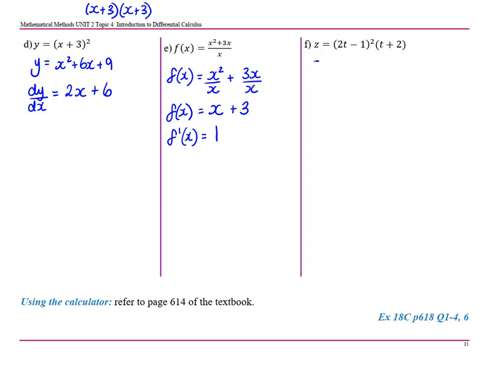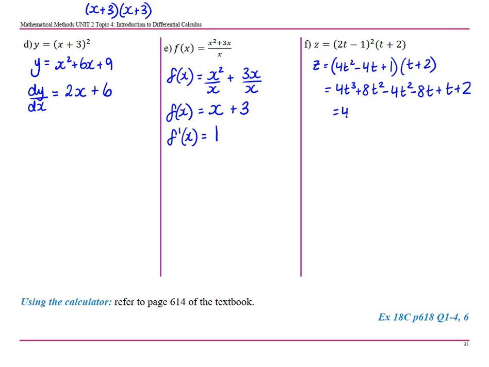For the next one, I need to expand my brackets. So 2t squared is 4t squared, minus 2 lots of 2t is minus 4t, negative 1 squared is plus 1, then t plus 2. Now I have to expand these brackets. So I've got 4t cubed plus 8t squared minus 4t squared minus 8t plus t plus 2.